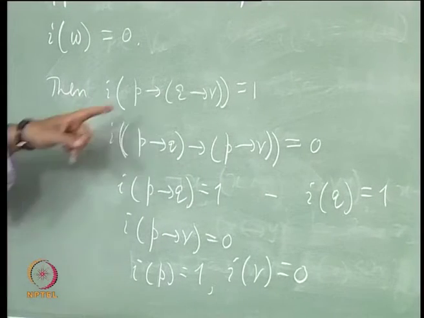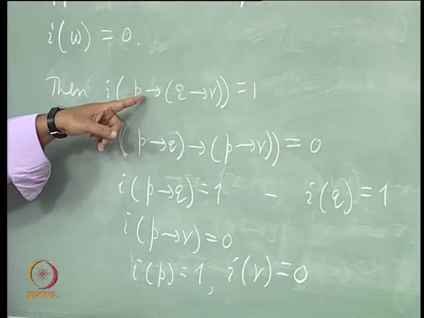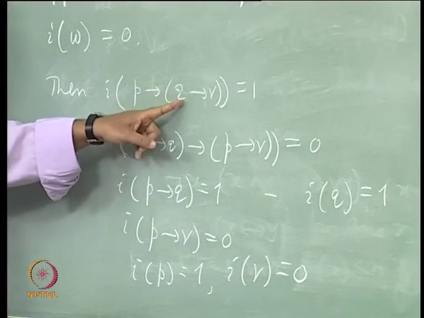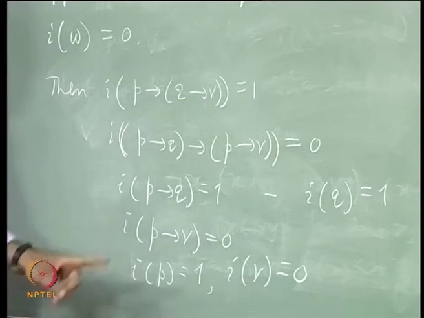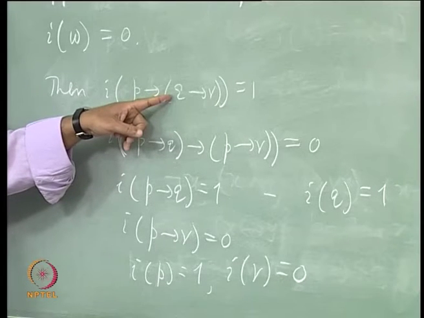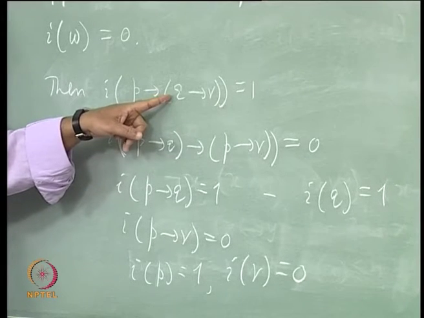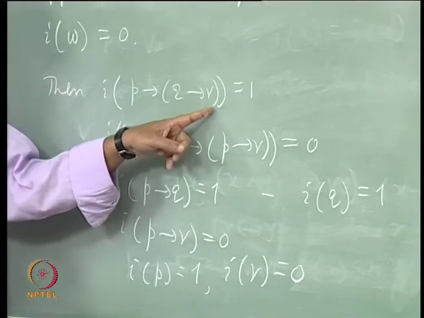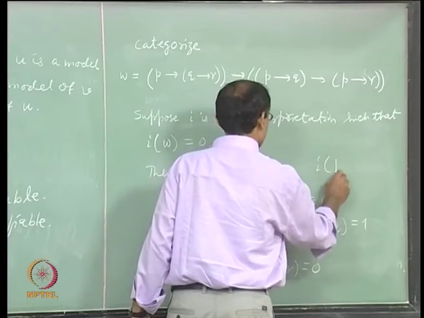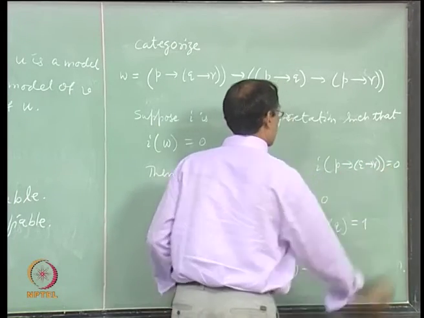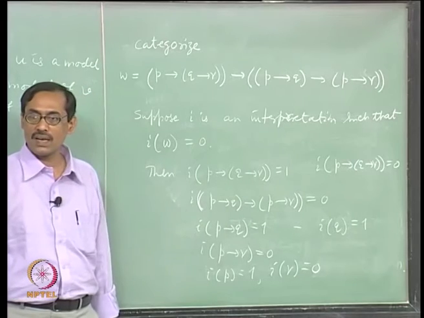So what about this? Q implies R should be 0, but P is 1, therefore P implies Q implies R should have been 0, but it is given to be 1.